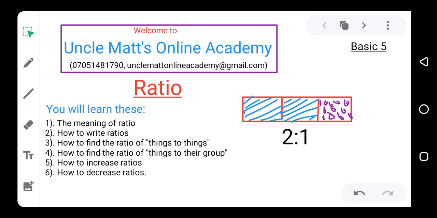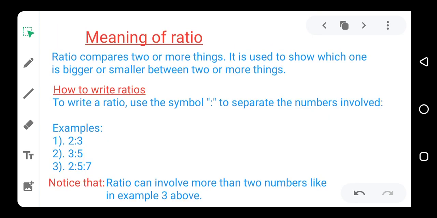Now let's look at the meaning of ratio. Ratio, I say that ratio compares tens to tens. If we want to compare something or two or more tens, we use what we call ratio to compare them. Or if we are comparing tens in mathematics, what we're actually doing is finding their ratios.